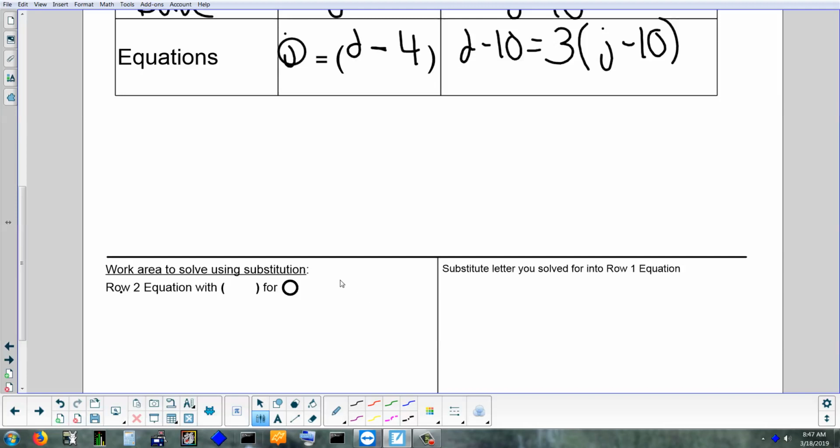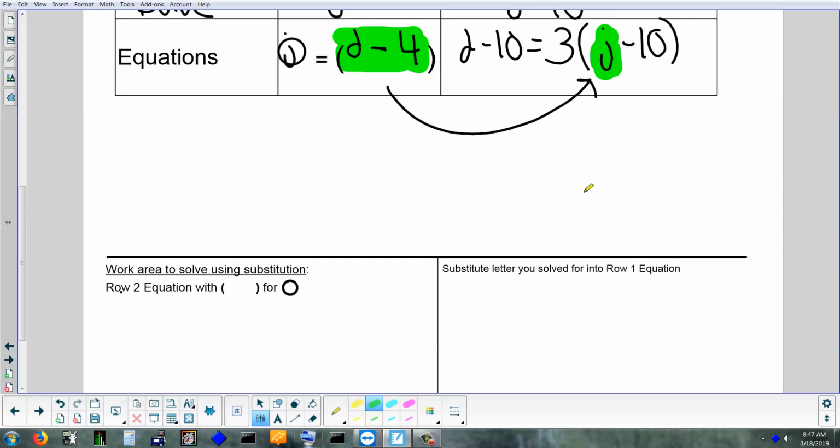Let me say it again. I'm going to take this information and write it in for that letter in the other equation. So I'm going to write D minus 4 for J in the row 2 equation. Where I see J, he's going to put green around the J over there. And I'm going to draw an arrow too so you can see.